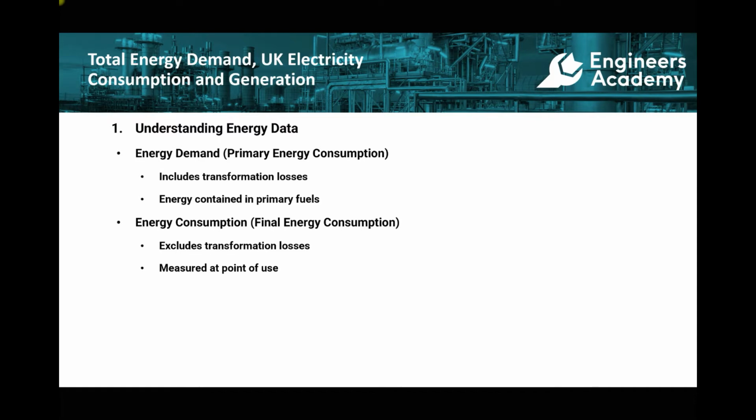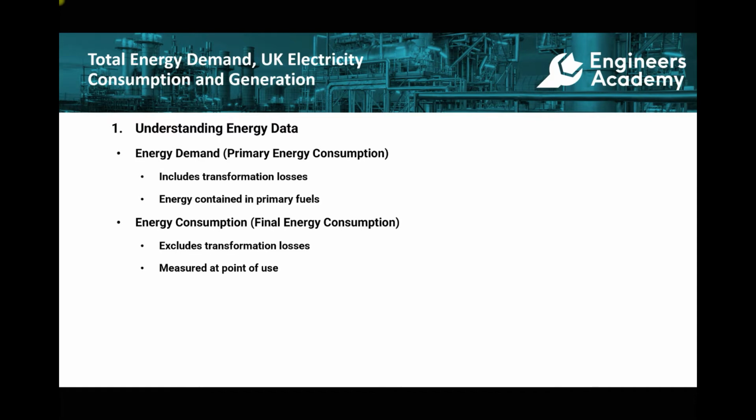So the value for final energy consumption is actually going to be less than the energy demand or the primary energy consumption, because it's the amount that's being used after those transformation losses. Energy consumption is measured at the point of use, so we measure the amount of energy being consumed by a premises as an example, or the amount of heat energy being produced for a home when we combust the gas.